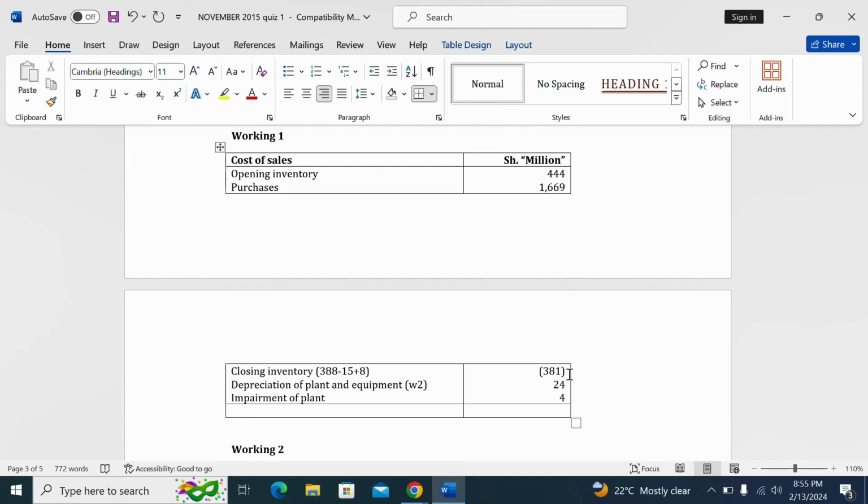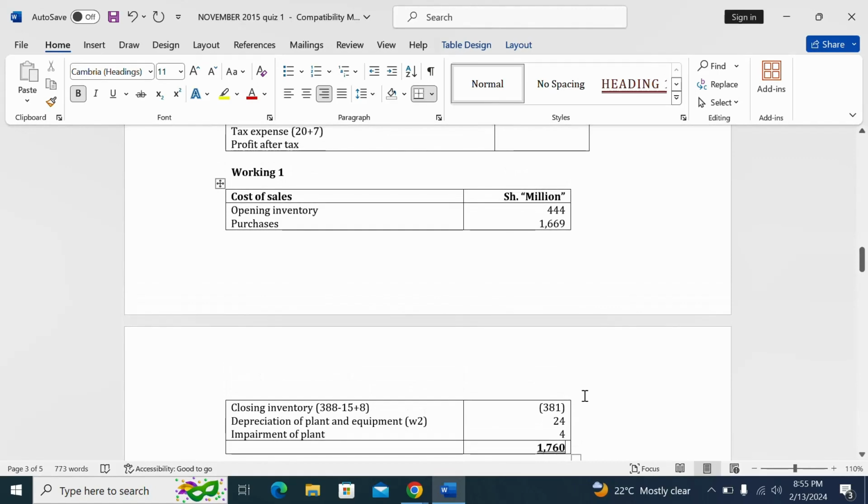You're getting 1760 as your cost of sale.